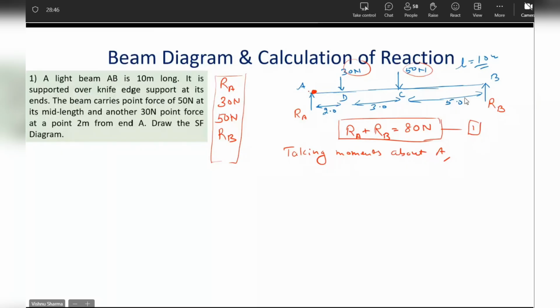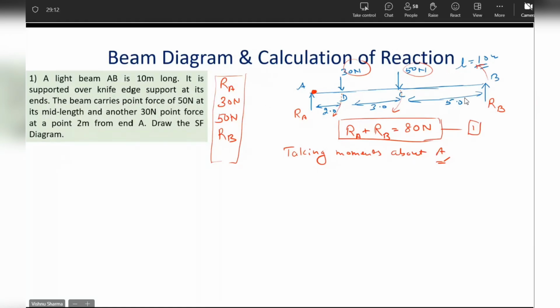Clockwise. It will cause a movement like this. We will not draw it every time; I'm just drawing it for anybody who needs it. And RB will cause anti-clockwise movement about A. If you change the point, they may change from clockwise to anti-clockwise also. So it is the reference that is important.